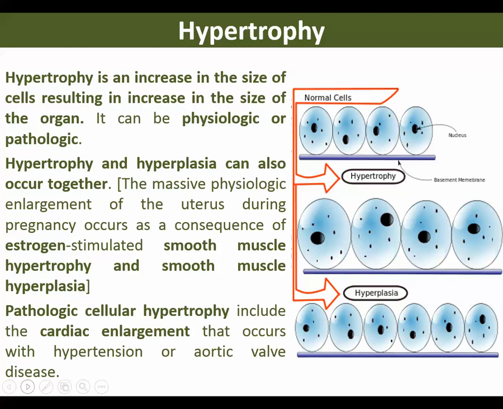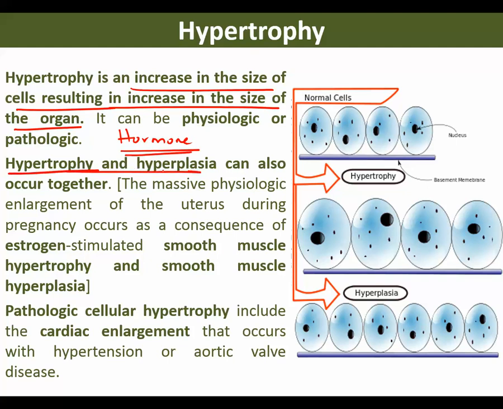Hypertrophy means an increase in the size of the cell, which results in an increase in the size of the organ. Remember, if it is due to hormones, hypertrophy happens along with hyperplasia. For example, in pregnancy, the smooth muscle is stimulated by estrogen, and it goes for smooth muscle hypertrophy and smooth muscle hyperplasia.